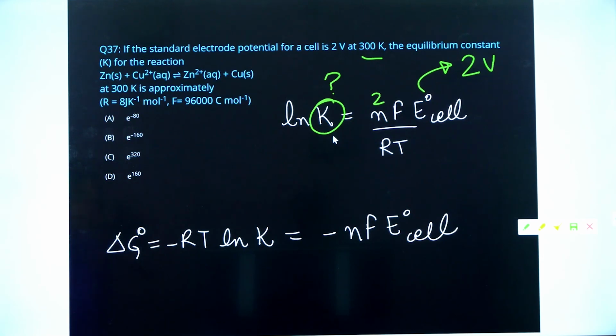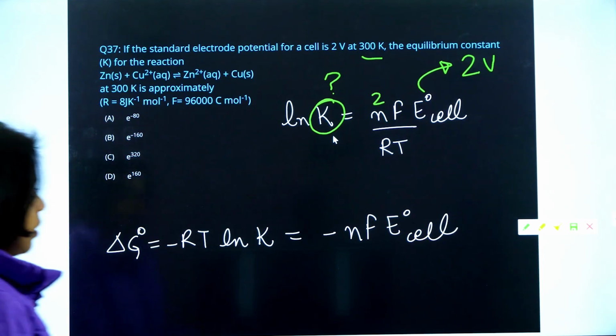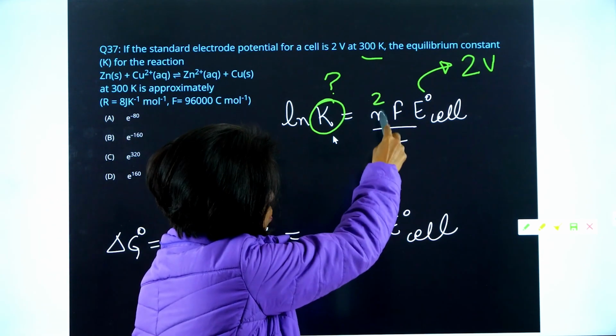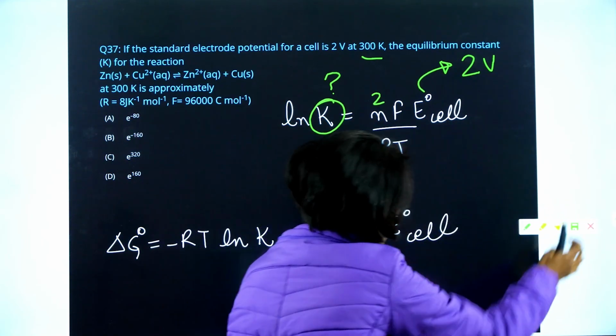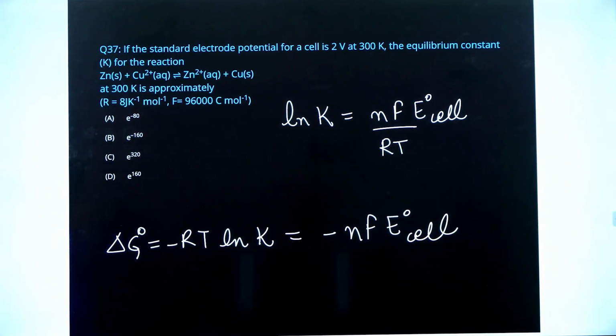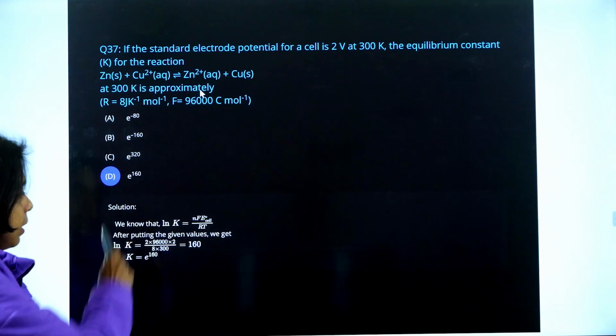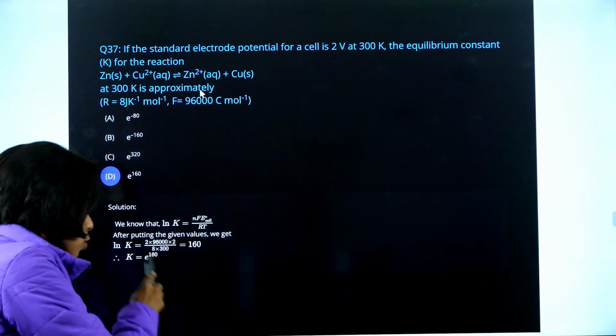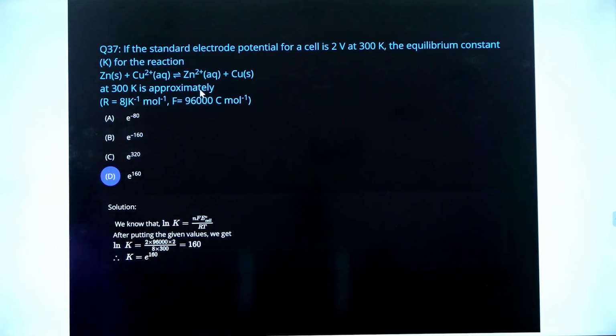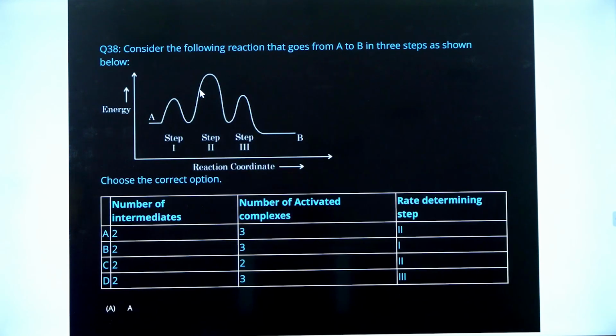So it is just that K is equal to e raised to power nF E naught cell by RT. So if you know this formula, you can easily get your answer. The answer will be e raised to power 160 because it comes out to be 160. Simply putting the value, nothing complicated.